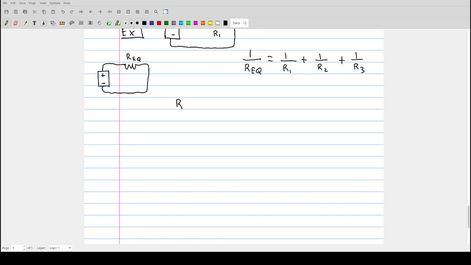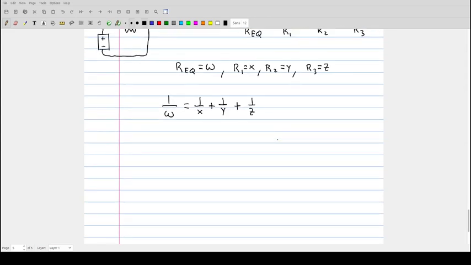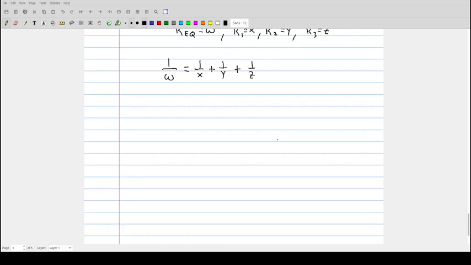We'll say that Req is the output, say, W. And then we'll just call R1 X, R2 Y, and R3 Z. So the implicit relationship that we have between our variables from the parallel law is going to be that 1 over W is equal to 1 over X plus 1 over Y plus 1 over Z, where W is the equivalent resistance and X is R1, Y is R2, and Z is R3.